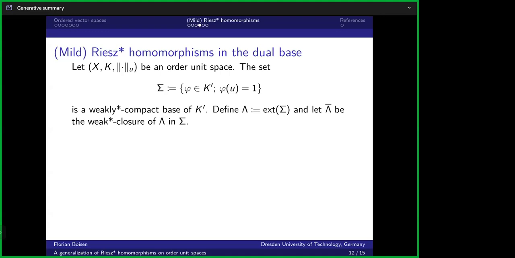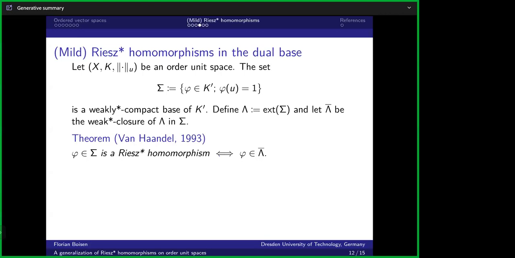This is a weak star compact base of your dual cone, and so every element in the dual cone can be uniquely written as some positive multiple of some element in sigma. And we define lambda to be the set of all extreme points in sigma and lambda bar as the weak star closure of lambda.